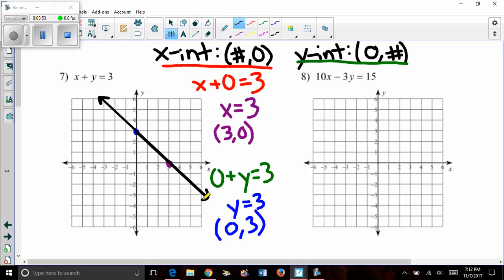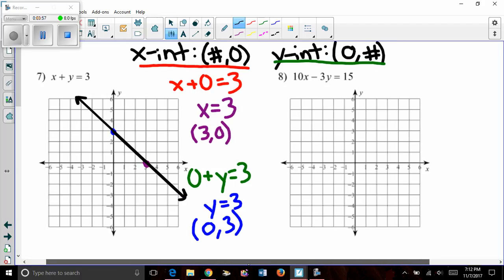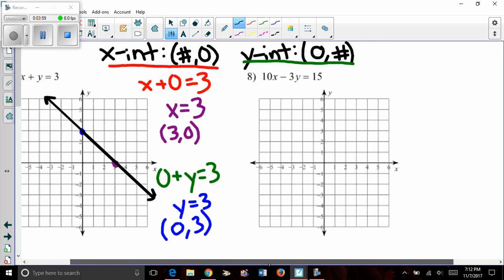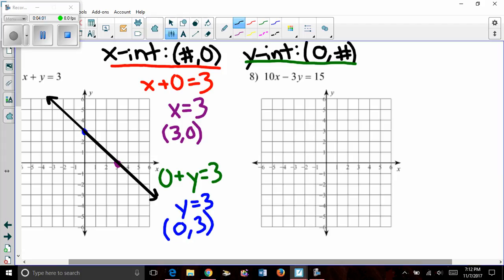Now, that one was super easy. I want to try some more that might have a little more work to them. Let's look at this number 8 here: 10x minus 3y equals 15. Let's start with the x-intercept again. I'll start in red. I need to get rid of my y.